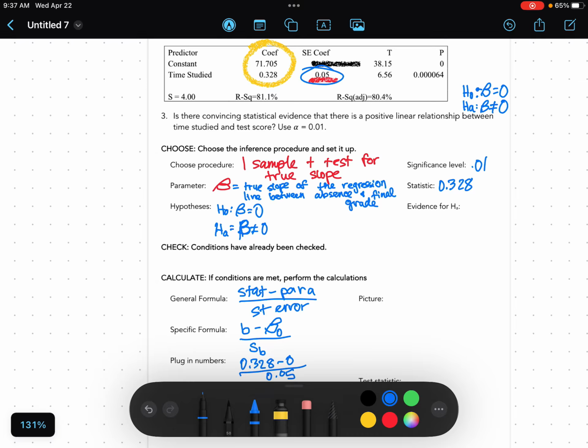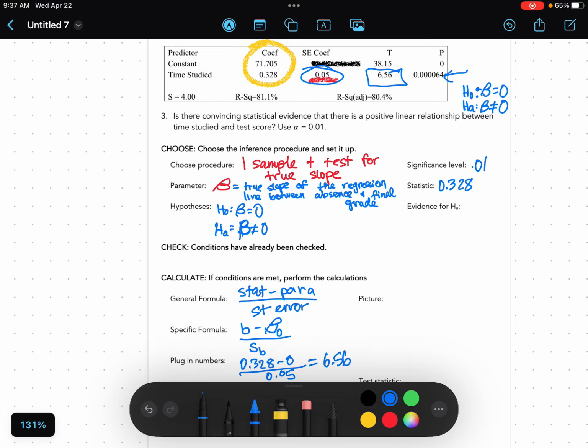So if you do the math, 0.328 divided by 0.05, you get 6.56. Now they calculated the p-value for you right here, which is amazing.